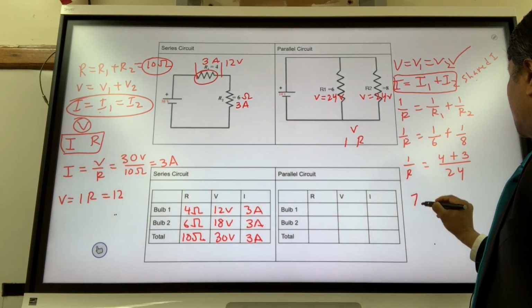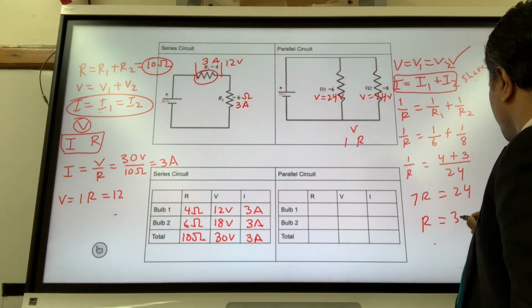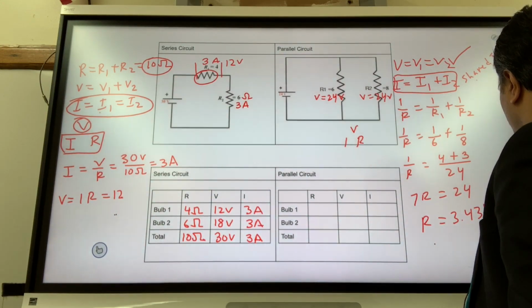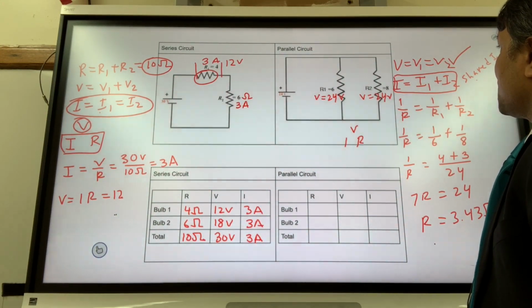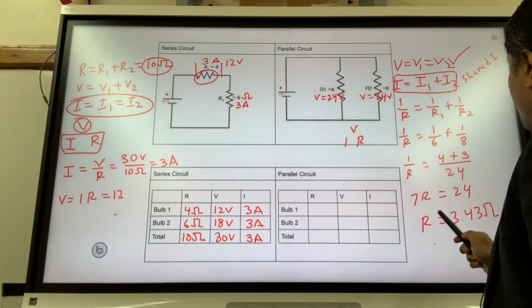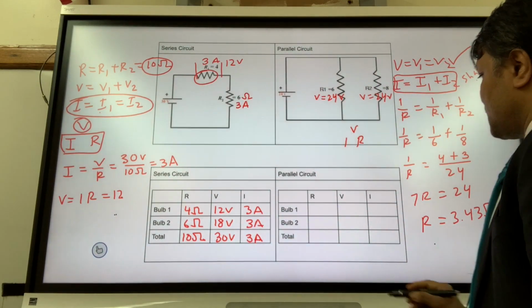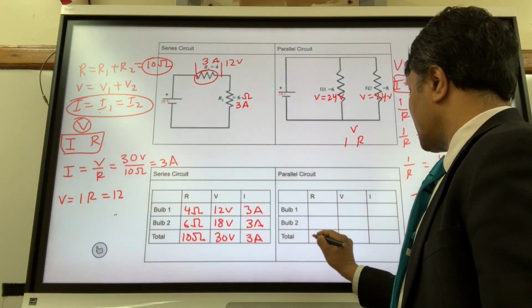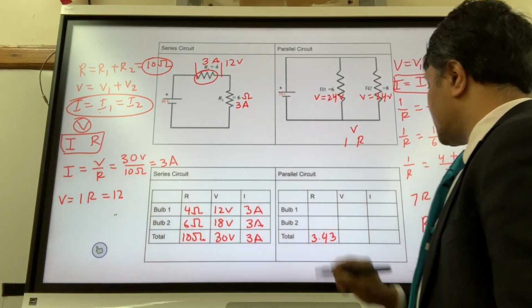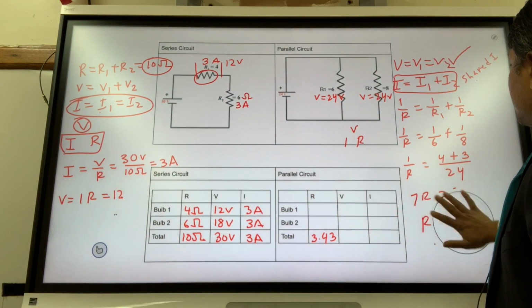So you have 7 over 24, so R is 24 over 7, which is 3.43 ohms. Alright, so we know the total resistance is 3.43. Okay, good.